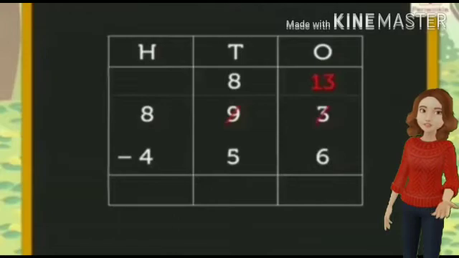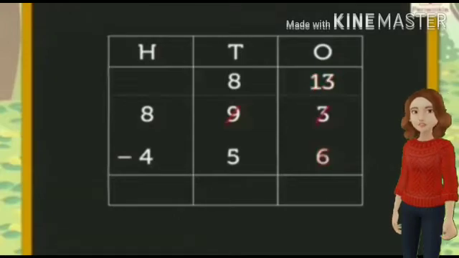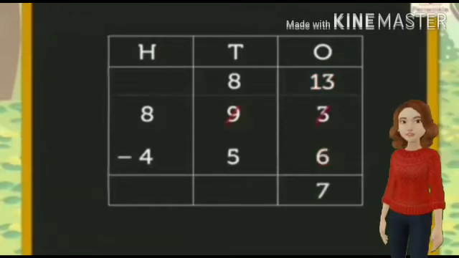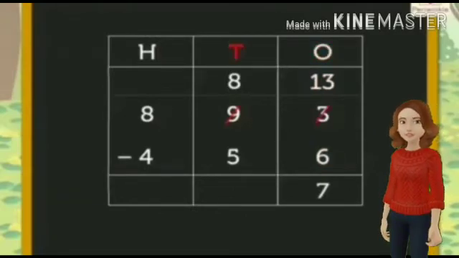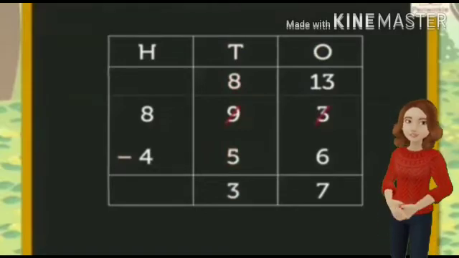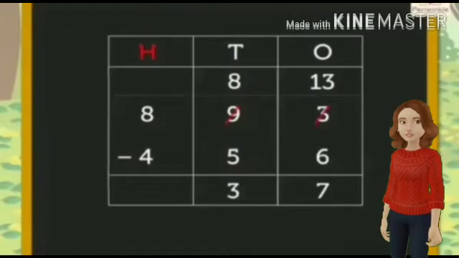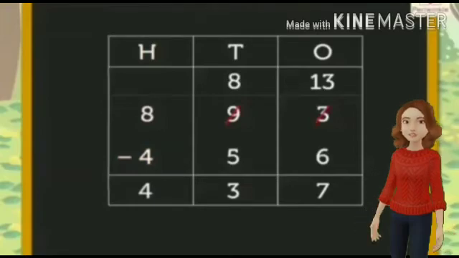Therefore, 13 minus 6 is equal to 7 ones. Now subtract the tens, that is 8 minus 5 is equal to 3 tens. Last, subtract the hundreds, that is 8 minus 4 is equal to 4 hundreds.